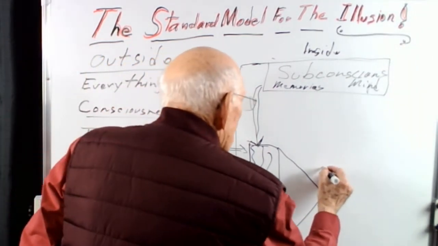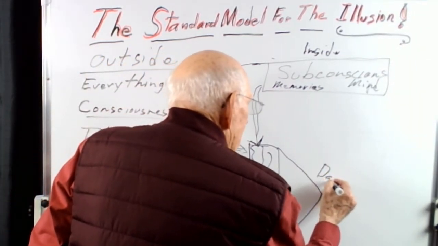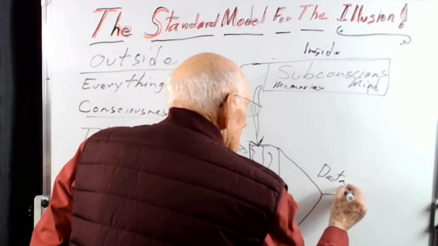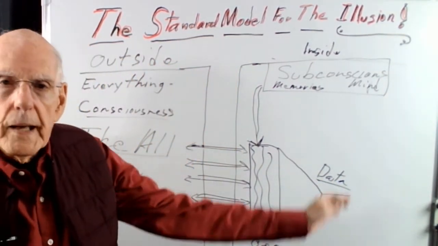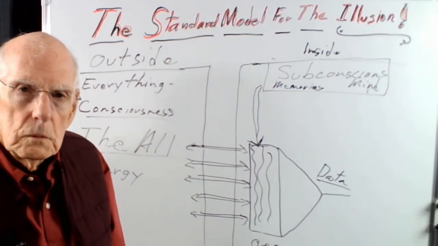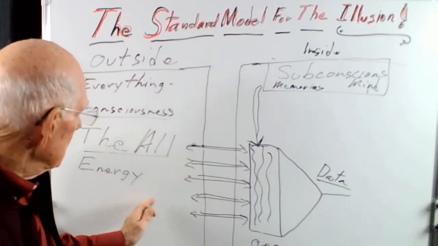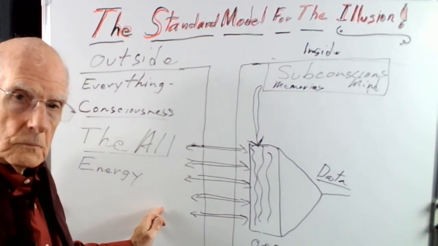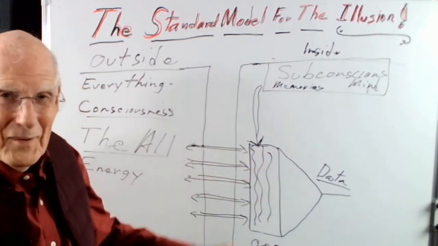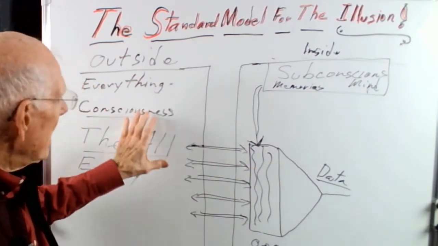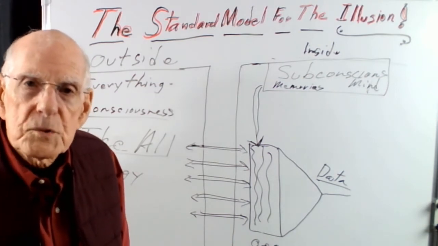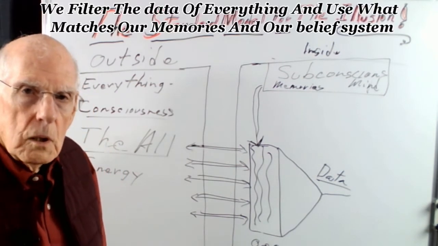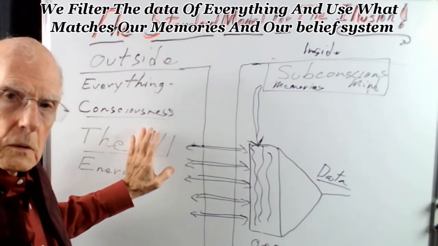And so this is all the data. This over here, what we get out, the data is less. It's less information than there is out here. We can't get all the information in from the everything because we don't have any experience with everything that's out here.